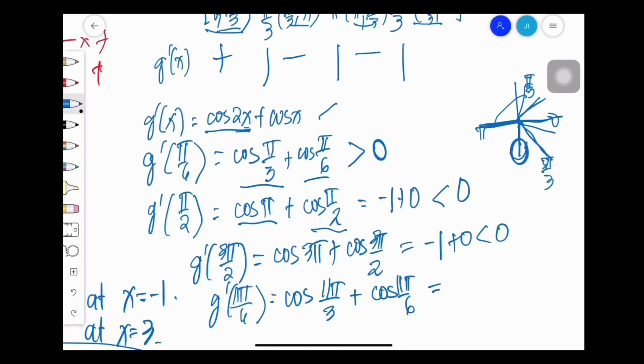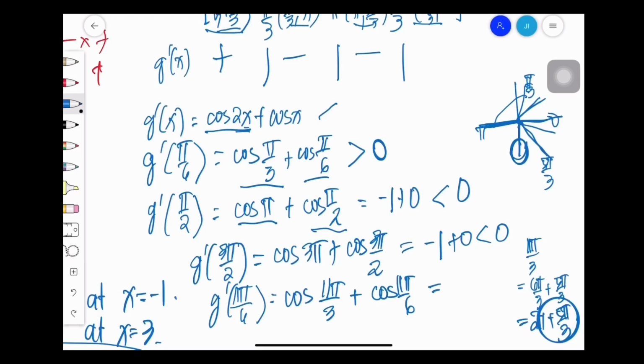And where is cosine of 11 pi over 3? 11 pi over 3 can be rewritten as 6 pi over 3 plus 5 pi over 3, right? Meaning, 11 pi over 3 is 2 pi plus 5 pi over 3. This means that 11 pi over 3 is 5 pi over 3 after one full revolution, meaning it is coterminal with 5 pi over 3.